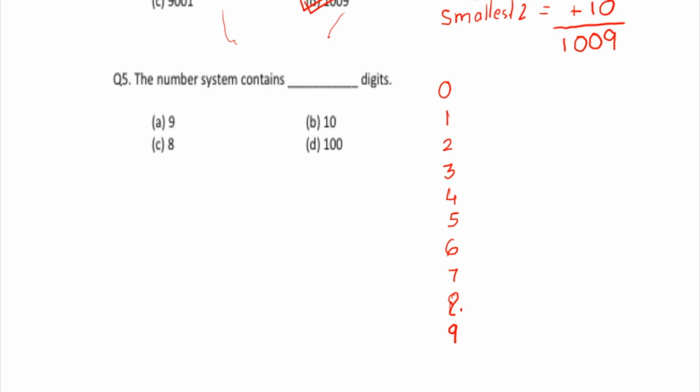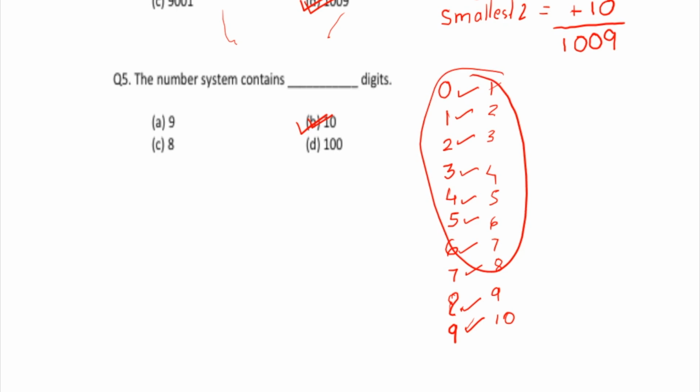Let's count how many digits there are. 0, 1, 2, 3, 4, 5, 6, 7, 8, 9. So there are 10 digits. Okay, this is a common sense question. You must all know this answer. No need to do all this part. I'm just showing it to you. So the number system contains 10 digits. You should know this part. Okay.